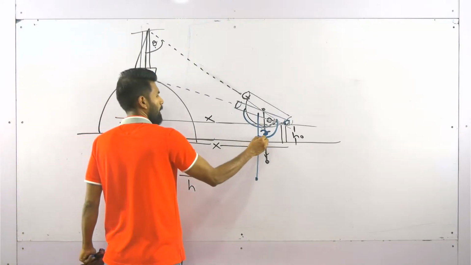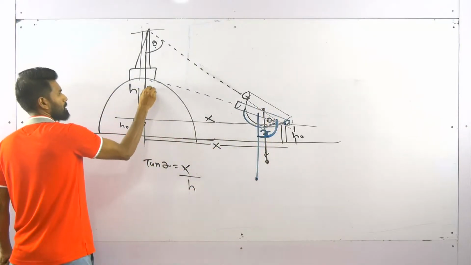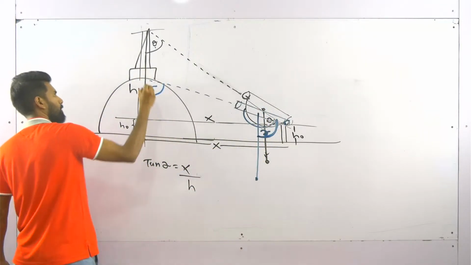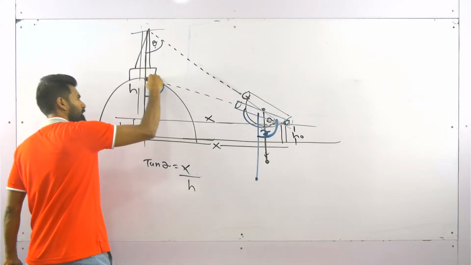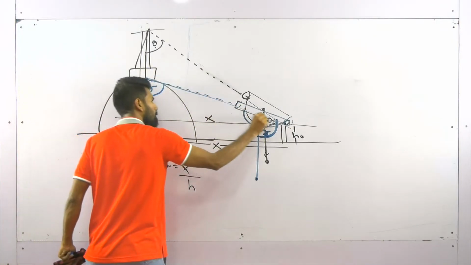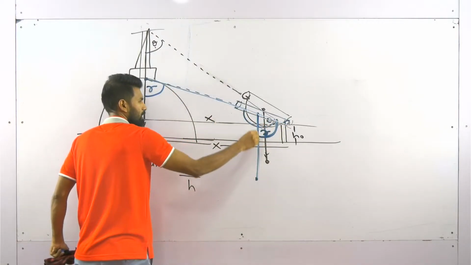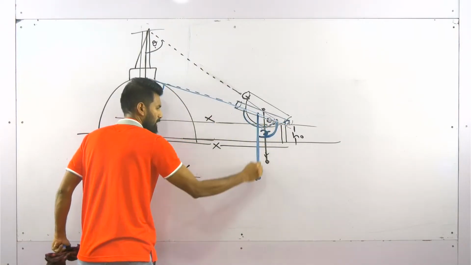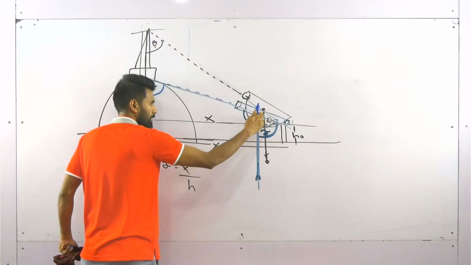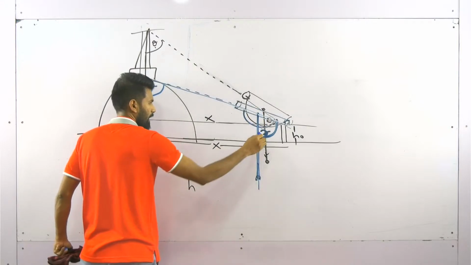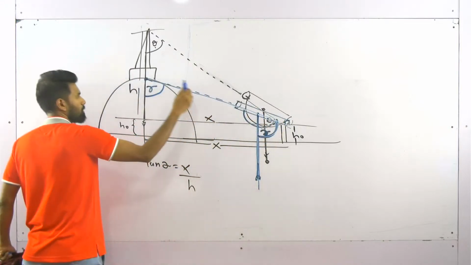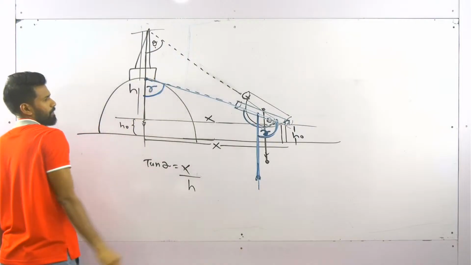If this is gamma, this is also gamma in the same manner. Now I am aiming to this point, so the triangle is something like this. And I'm doing the same thing. Here, now the weight acts vertically, so the string with the mass and angle here is gamma. So again, the angle here is also gamma.